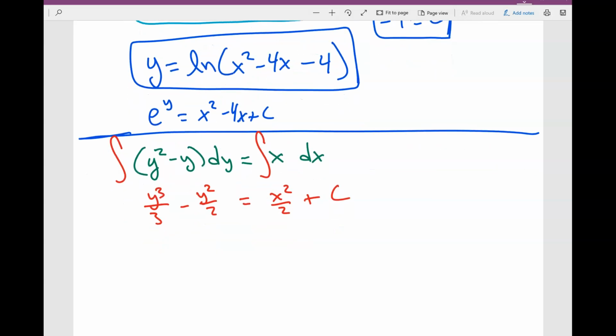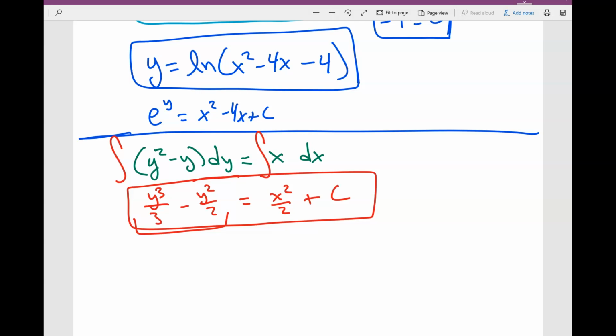Now notice here that it's going to be very, very difficult to solve for y, because you have two different y's. So at this point, if it's not possible for you to solve for y, you would just say that this whole thing is your answer. You wouldn't even try to simplify it because there's no way that you can solve for y in these terms.